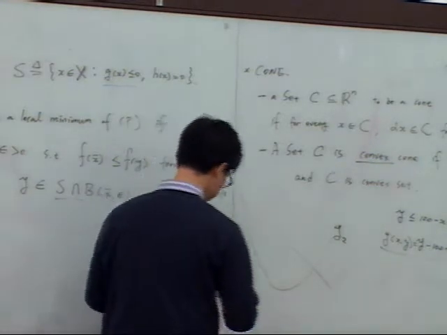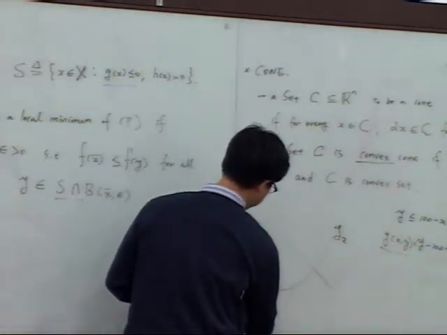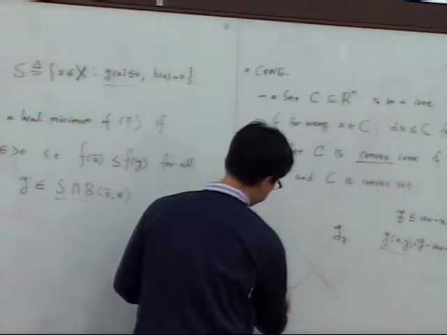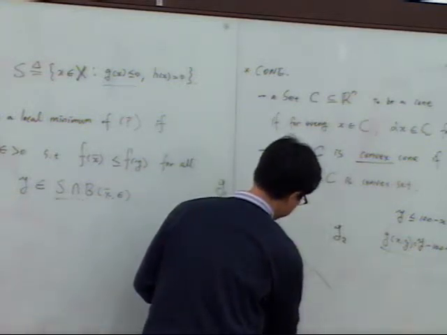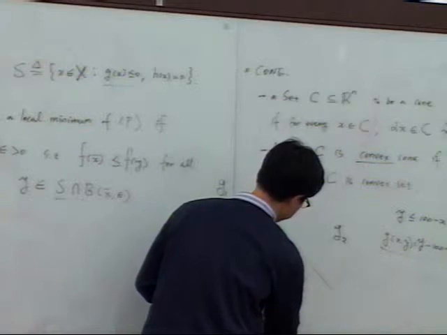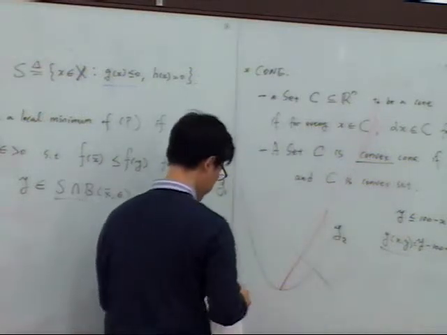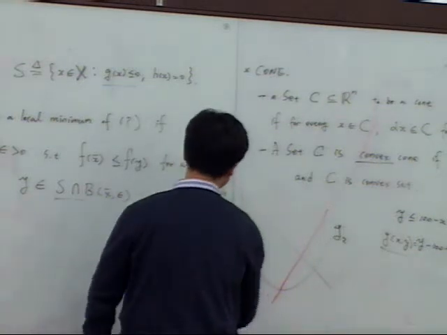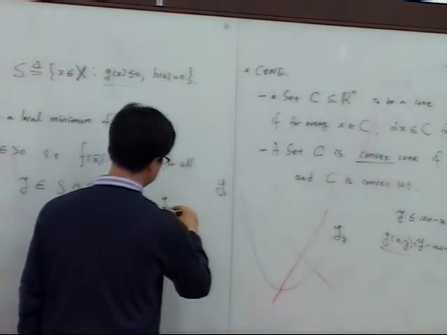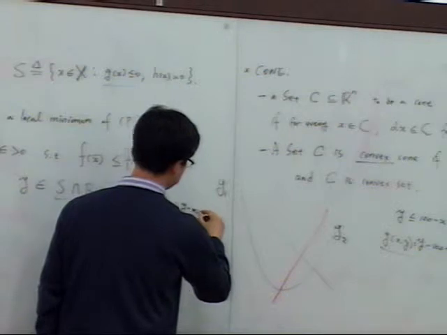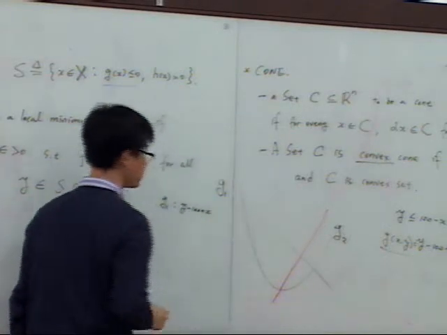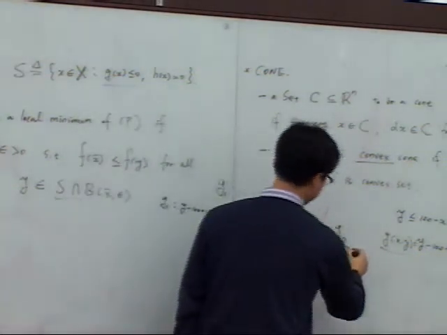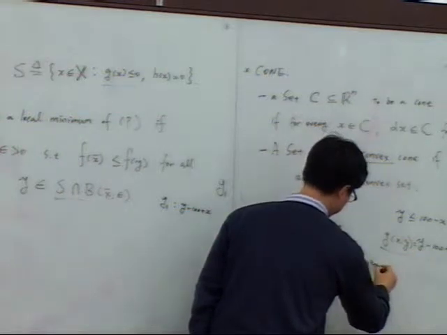Let's assume there is an equality constraint like that. G1 is y minus 100 plus x, and G2 is y minus x squared.